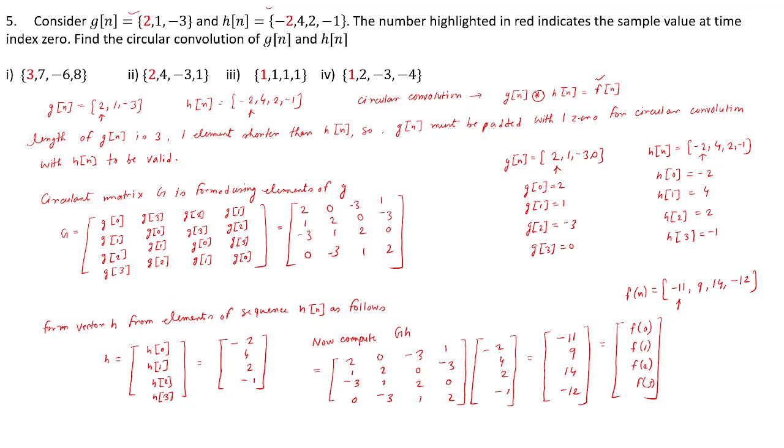We can just do the opposite, that is, we form the circulant matrix capital H from the elements of sequence small h, and we form the vector G from elements of sequence g, and if we take the product of capital H times small g, we are going to get the same output vector fn here. So it's your choice actually. If we have time, I'll show you how doing it the other way results in the same output sequence.